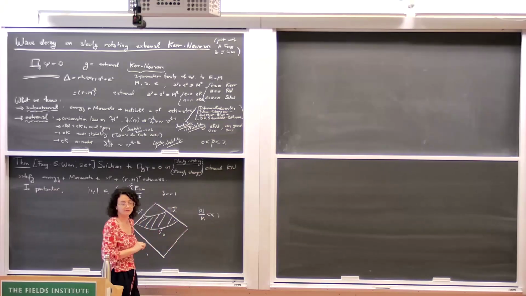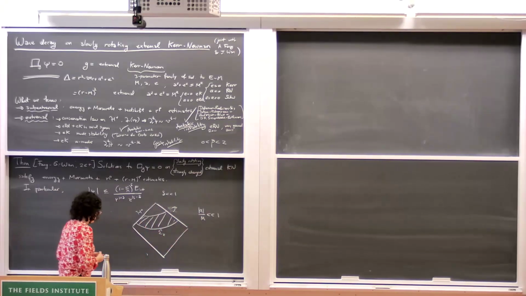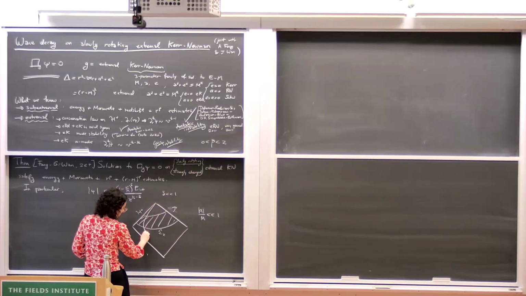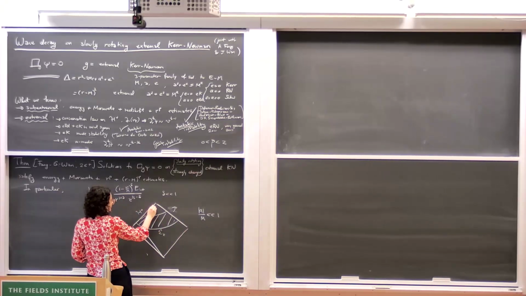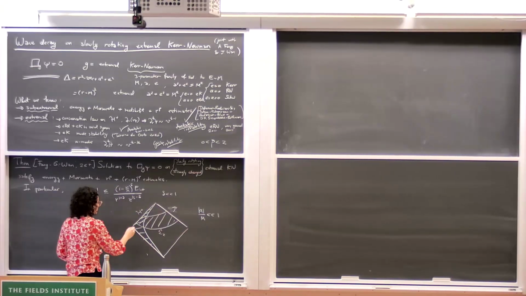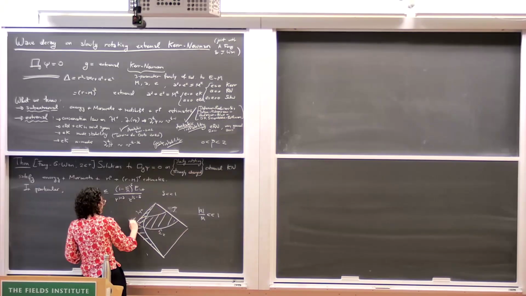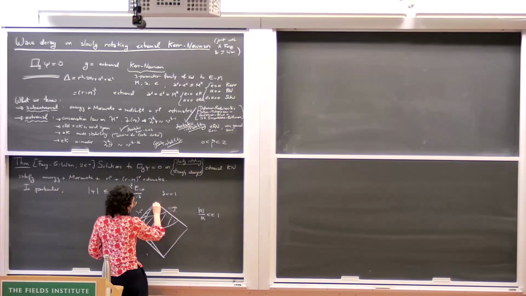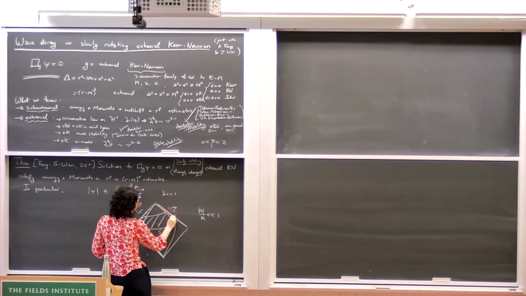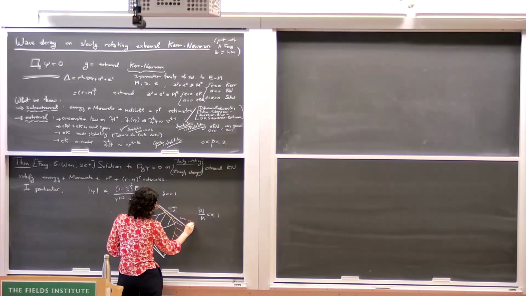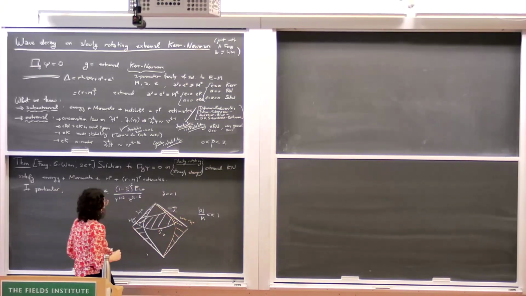we are in a simplified setting. Let me draw some of the important regions here. This will be my near horizon region. Then I will have some near sky region.